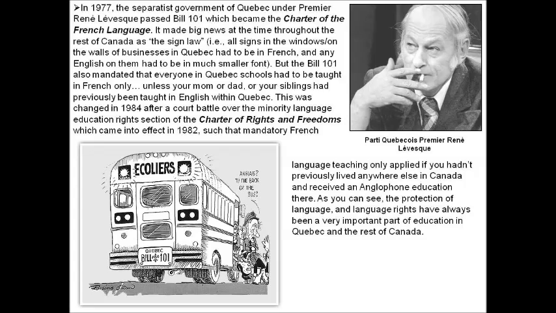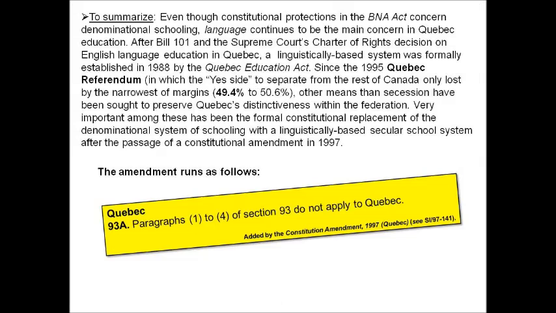And this was changed in 1984 after a court battle over the minority language education rights section in the Charter of Rights and Freedoms, which came into effect in 1982, such that mandatory French language teaching only applied if you hadn't previously lived anywhere else in Canada and received an Anglophone education there. So as you can see, the protection of language and language rights have always been an important part of education in Quebec and the rest of Canada.